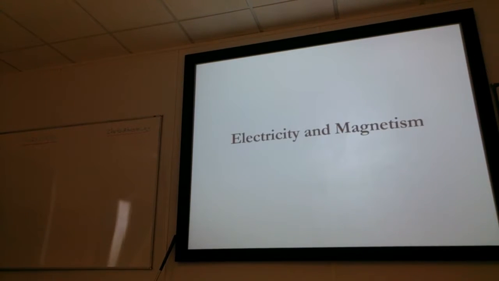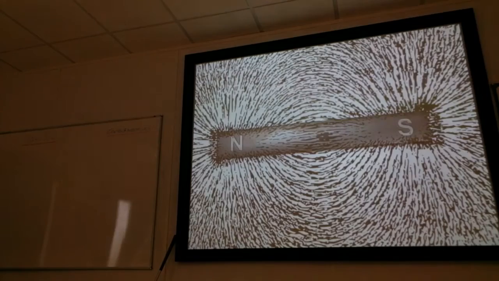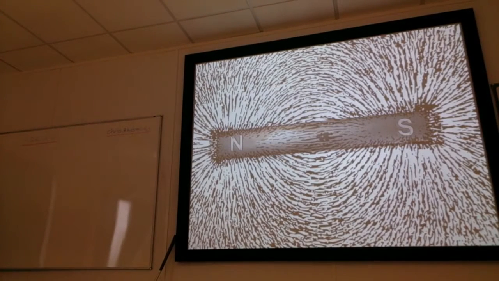Okay, electricity and magnetism. We remember this from our instruments, of course, the magnetic flux around the magnet. And we've also said, haven't we, that if we put current through a conductor, we're going to have magnetism involved. Basically, if you've got an electromagnet and can control the current, you control the magnet.